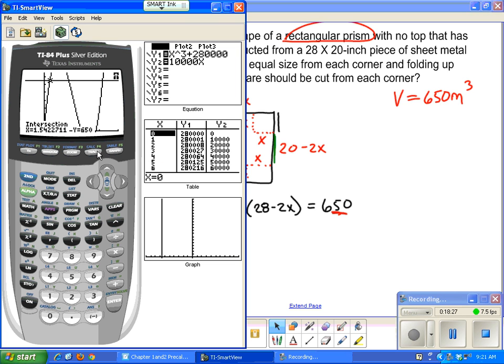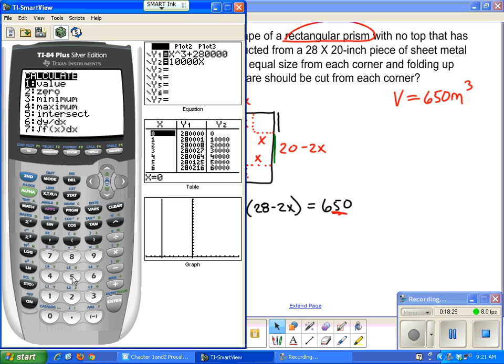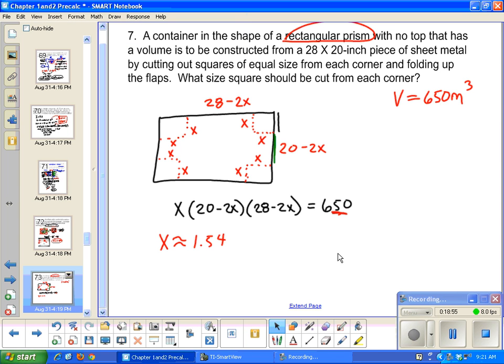All right, let's try it again. And again, we're looking for the intersection. Should see it soon. You can change your viewing window if you wanted to be able to see that a little better. Second curve, yes, guess. And the second one is approximately 6.68. Okay.